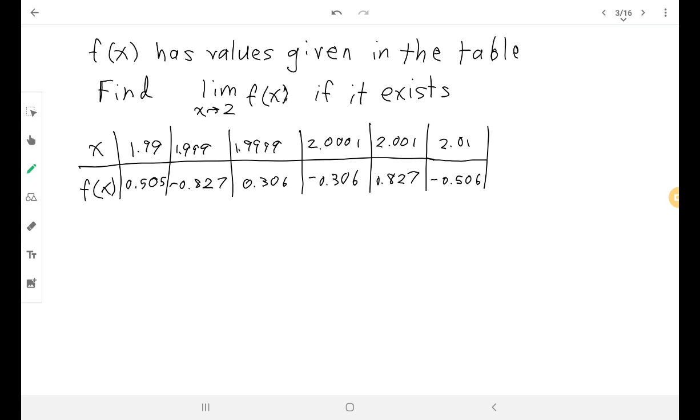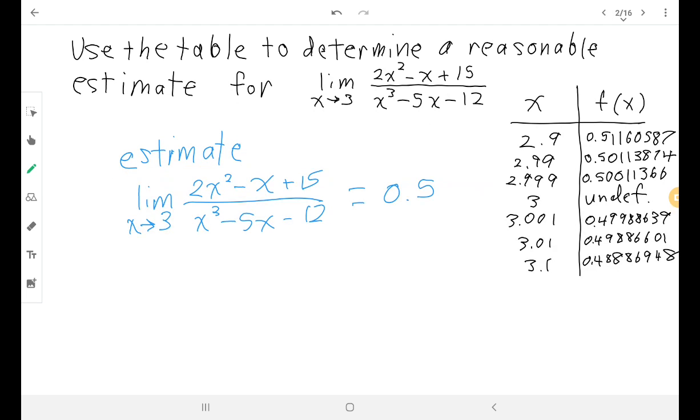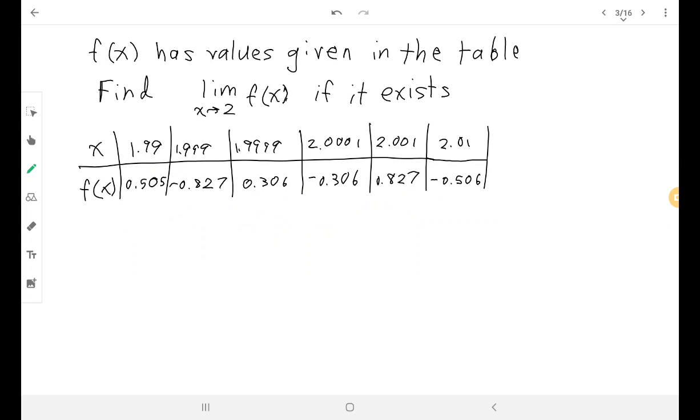So if I go back for a moment to the previous problem, notice that both from the left and the right, we appeared to be approaching 0.5. That is how a limit does exist.